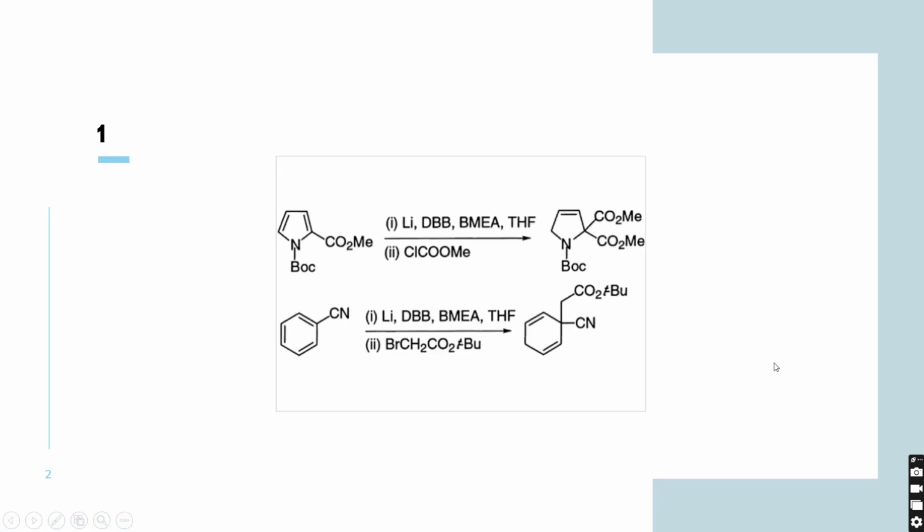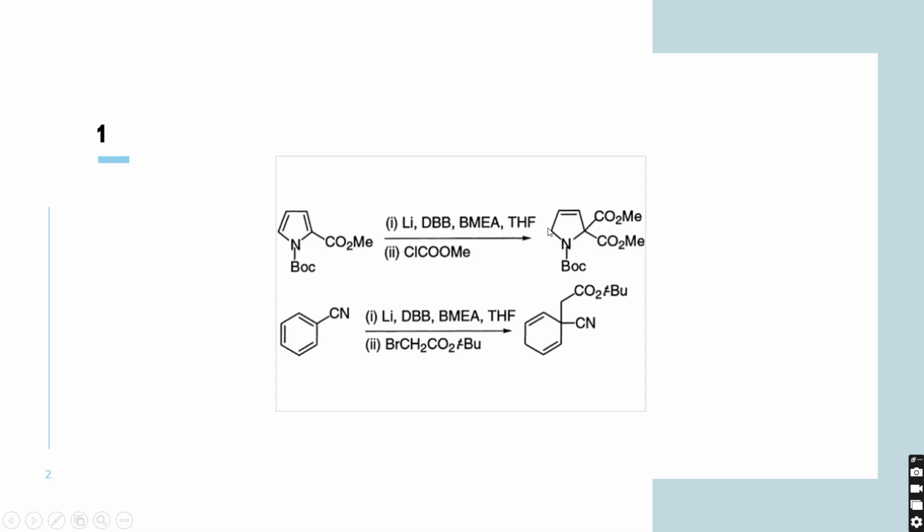This is the first question of today's tutorial, where you are given this substituted pyrrole and conditions which are similar to Birch reduction. In place of sodium metal, you are given lithium metal here.